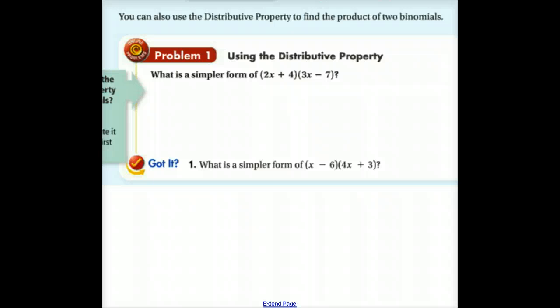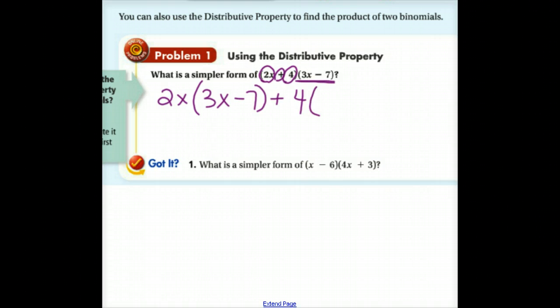All right, 2x plus 4. The first binomial is the one I'm going to break apart. I'm going to start with just the 2x. 2x is going to be multiplied to the 3x minus 7, or that second binomial. Then I'm going to add the second part, 4, multiplied by the second binomial.